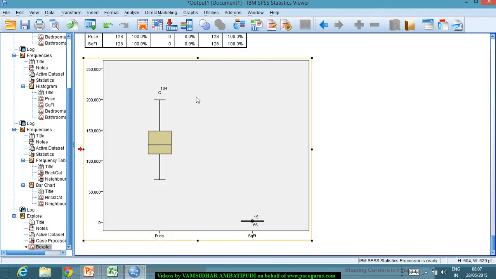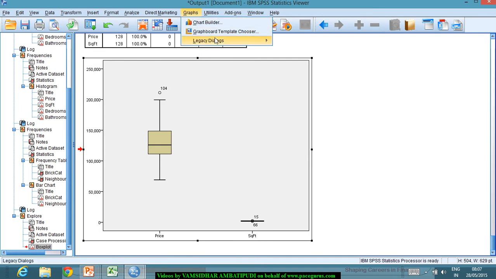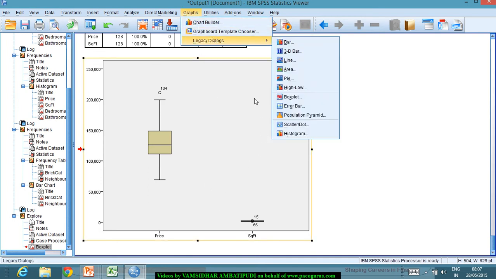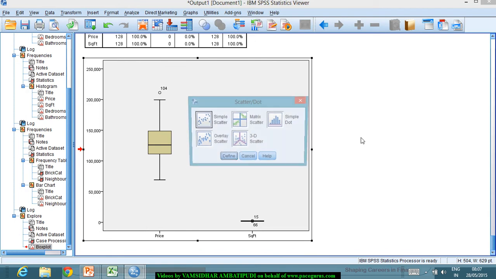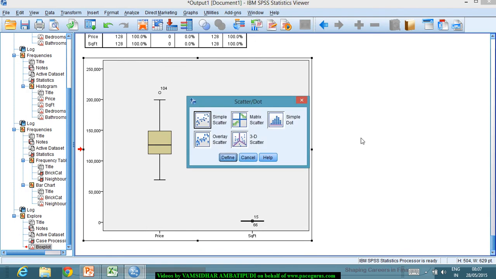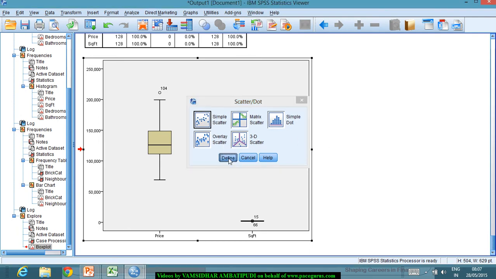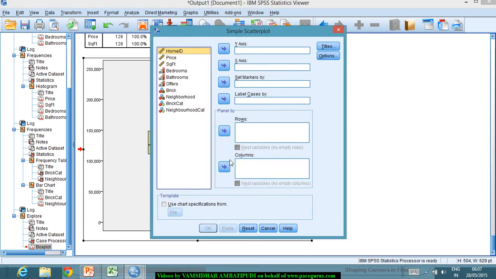So what I can really look at is, I'll try out a few scatter plots. Again in Excel also I can do a scatter plot. First let me complete it here. I will look at a simple scatter plot, where I'm looking at, let's say, price on the y-axis and square foot on the x-axis.